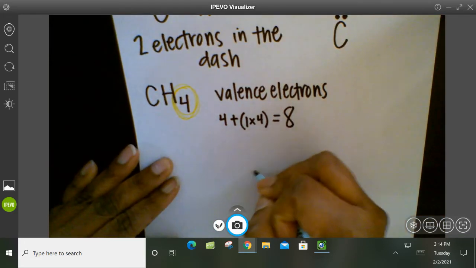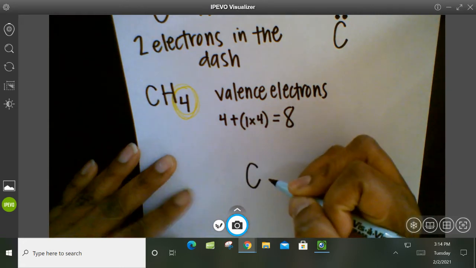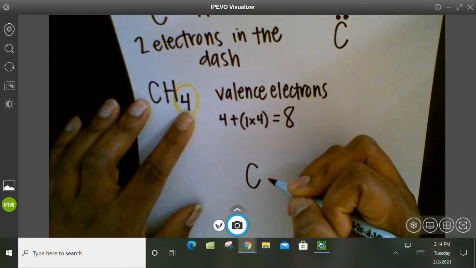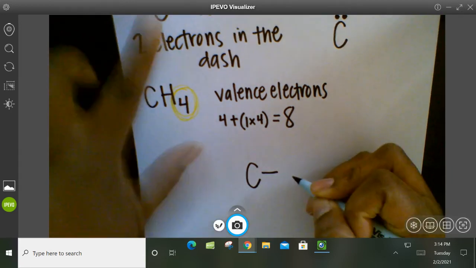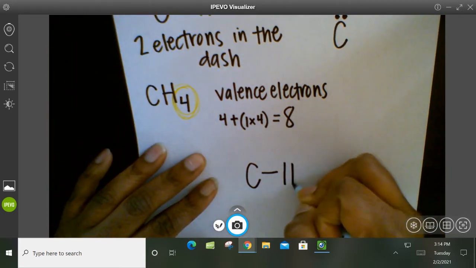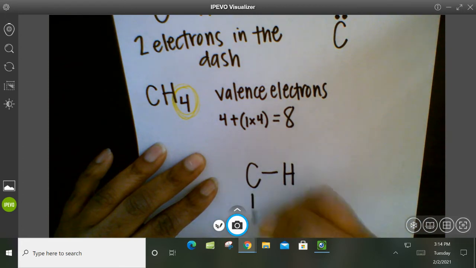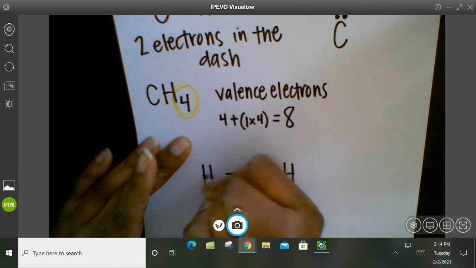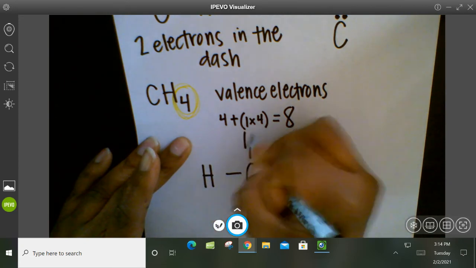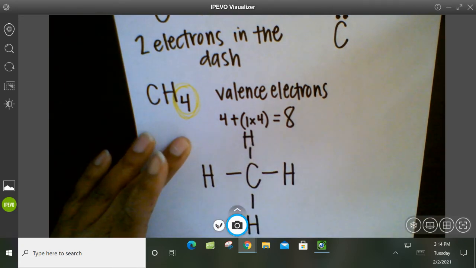I'm going to put carbon in the middle. All right, and now I'm going to connect it to the four hydrogens, and I do that with the little dashes I was talking about earlier. So that's one hydrogen, that's two hydrogens, that's three hydrogens, and then that's four. I almost didn't leave enough space there.